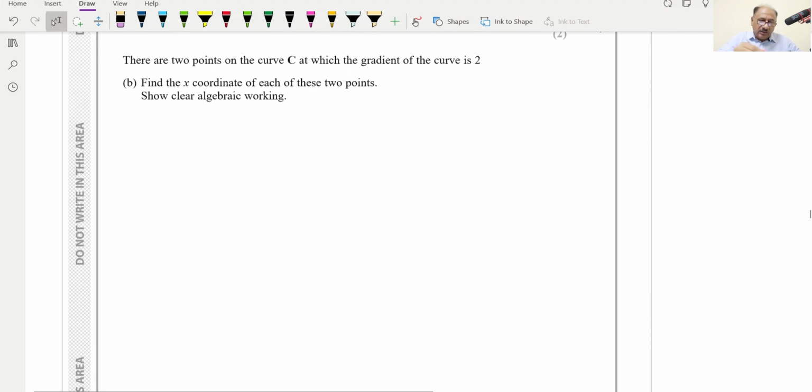Now there are 2 points on the curve C at which the gradient of the curve is 2. Find the x coordinate of each of these 2 points. Show clear algebraic working also. So now we have to solve the quadratic equation which we got in part A, 15x squared minus 2x minus 6 is equal to 0.